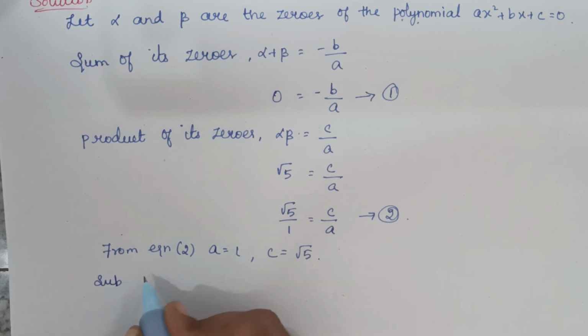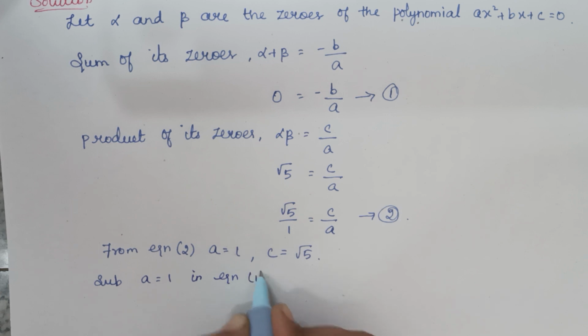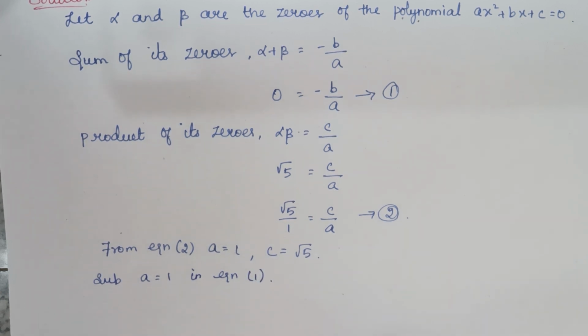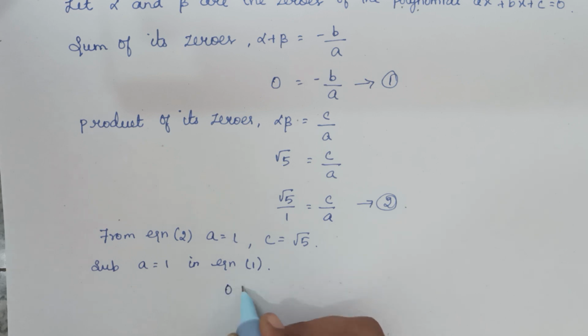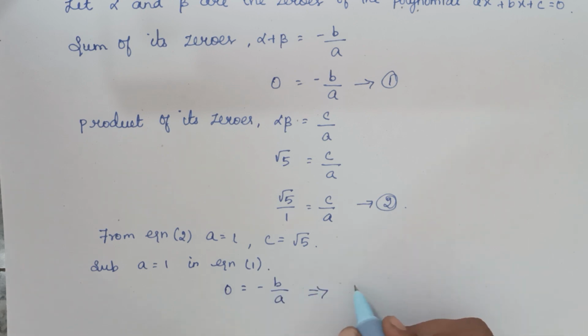Now substitute a is equal to 1 in equation 1. What is equation 1? 0 is equal to minus b by a, and the value of a is 1.